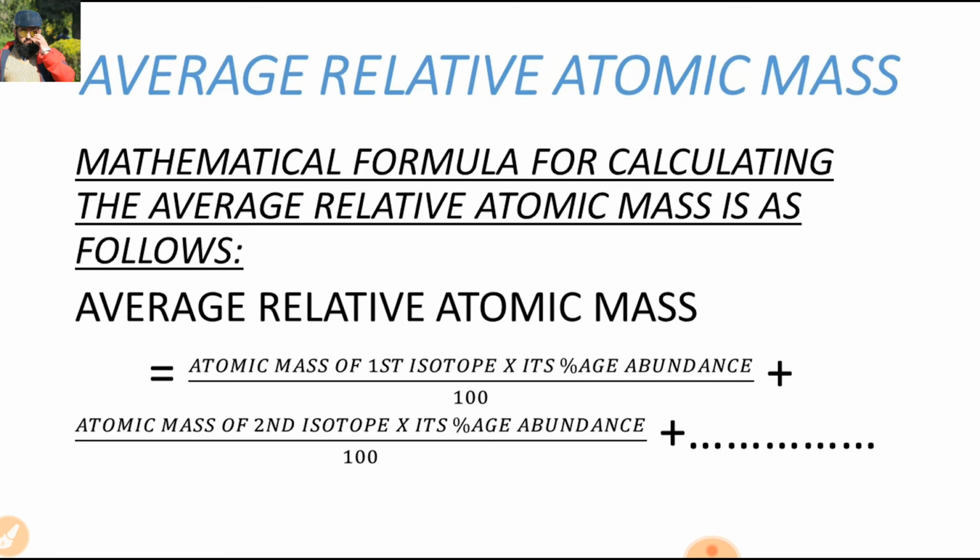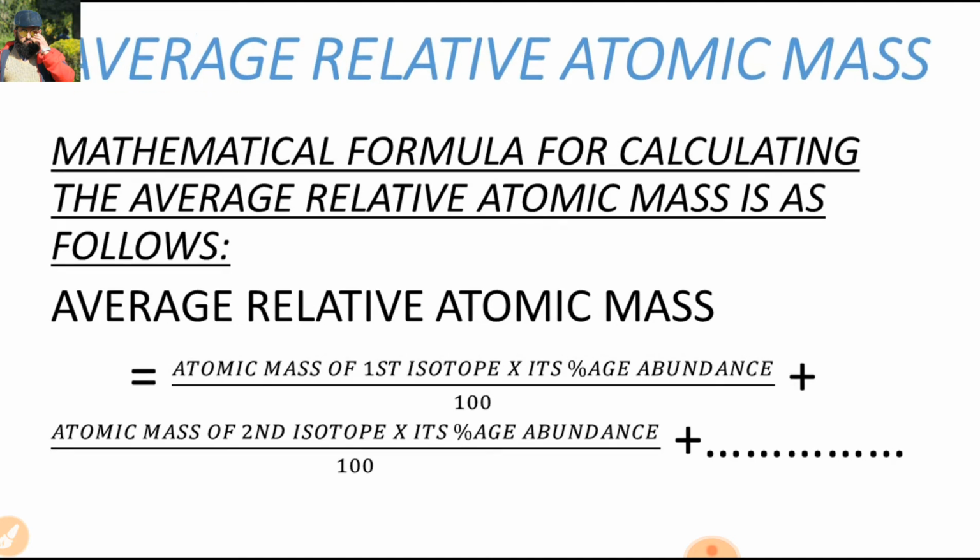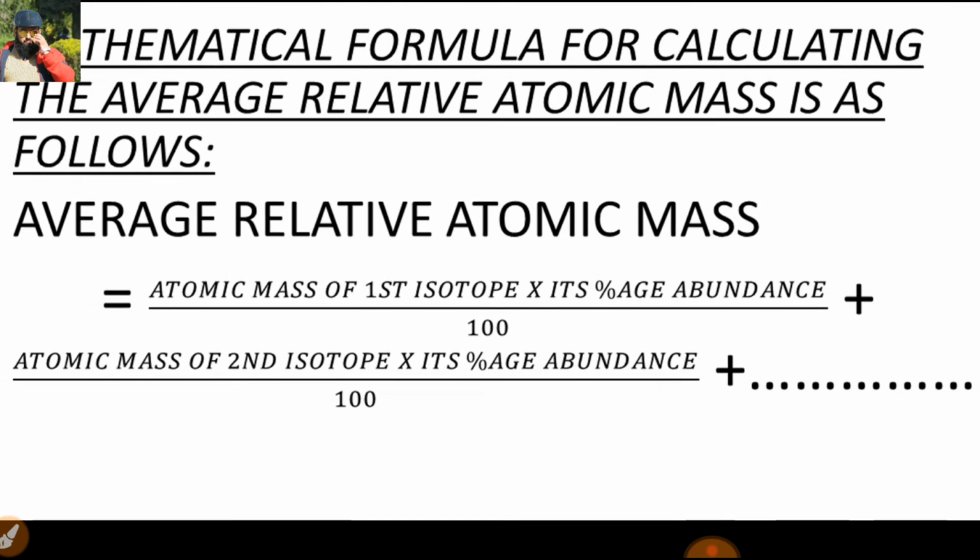Now let us have a look at how we can determine the average relative atomic mass. What is the mathematical formula? How mathematically can we find out the average relative atomic mass for different elements? The formula for this, you can see on your screen, is very simple.